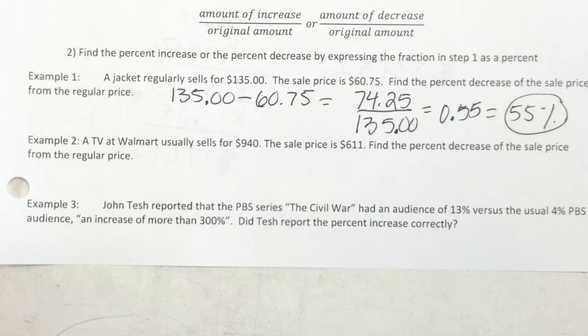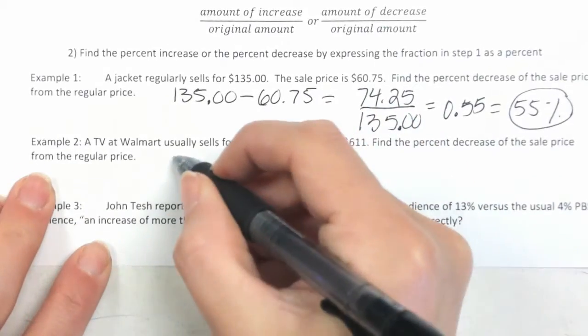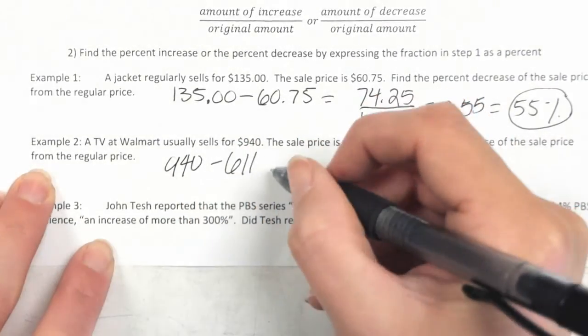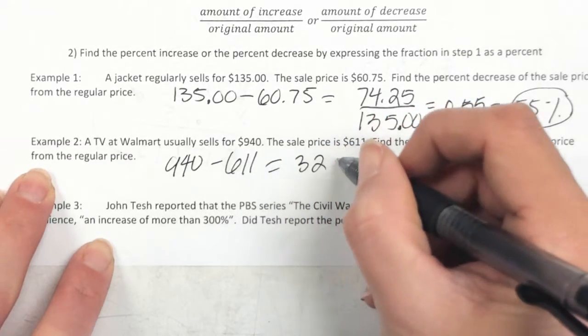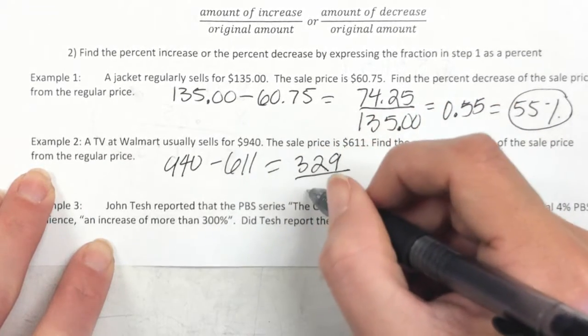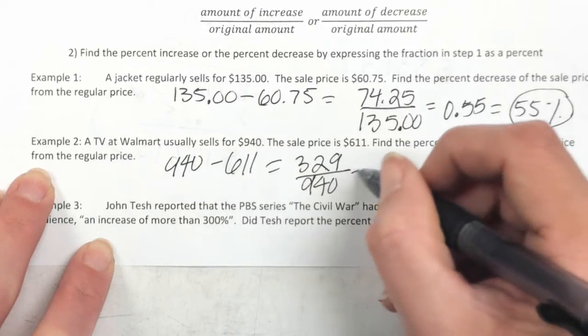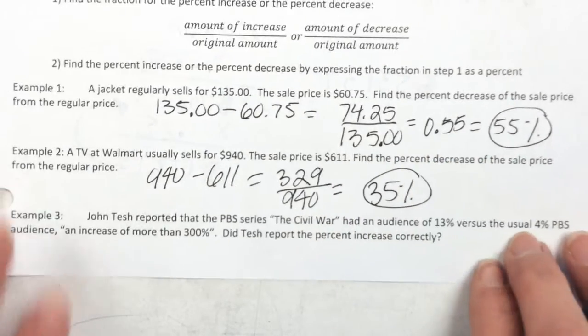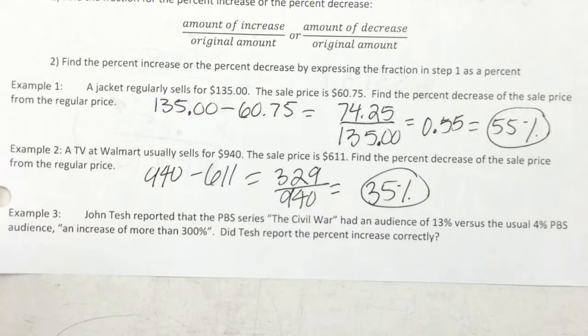Find the percent decrease of the sale price from the regular price. Alright, so what do we have to do first in this one? $940 minus $611. And that would give us what? $329. And then we would divide it by what? The original price was $940. And we would get 35%. Good, it's 35% off. Any questions about that one?